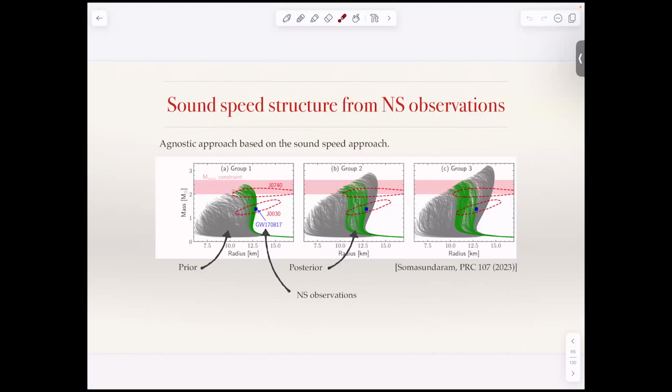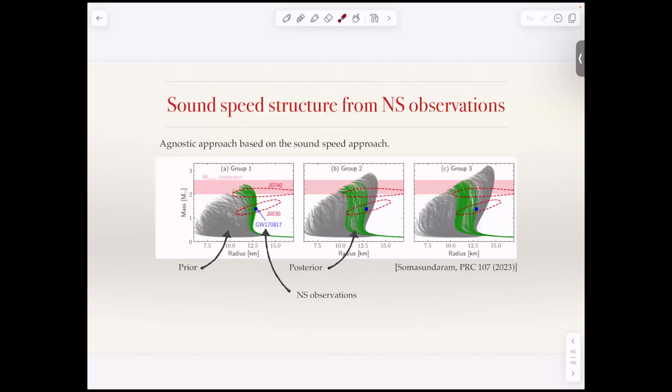What it says is that when you do this translation, you obtain an upper limit on the radius, okay, and so this box represents the upper limit. So all radii which are predicted on the left are accepted.